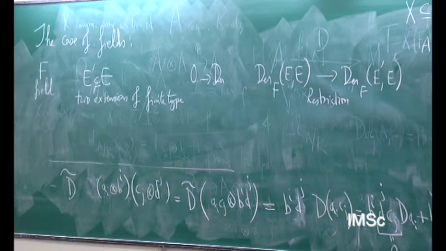Now, what is the kernel of this map? The kernel of this map is all those F derivations that are 0 on E prime. And what did we observe? If you have an F derivation, a priori only an F derivation, which is 0 on E prime, I claim it is E prime linear. Derivation just means the Leibniz rule holds.